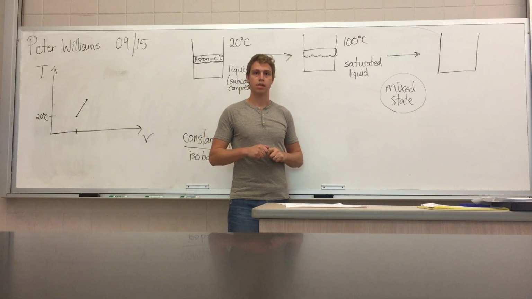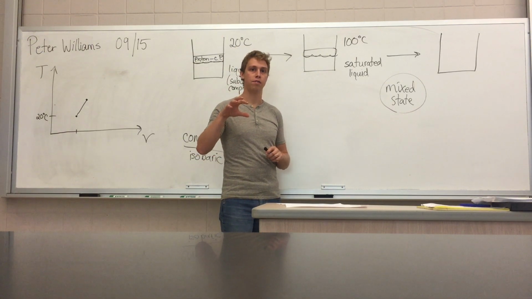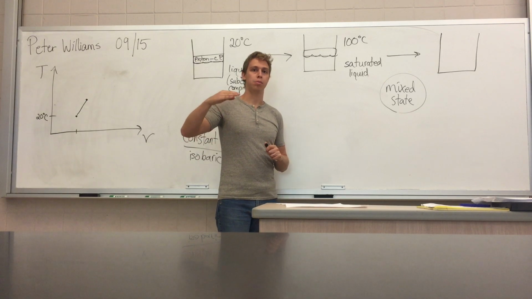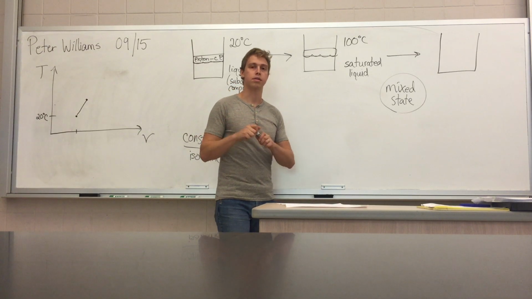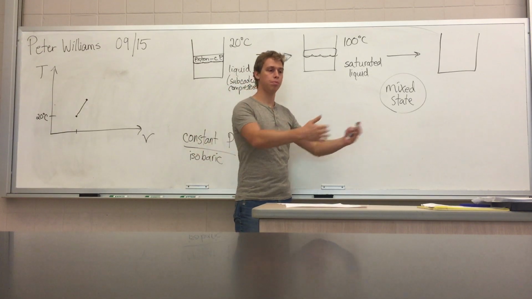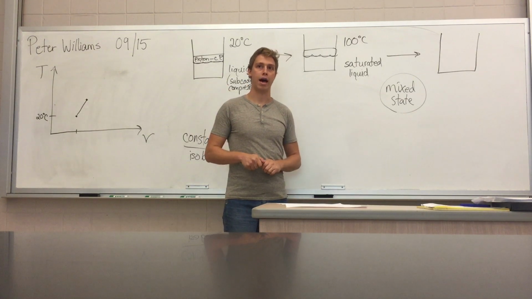One way you can see this is to think about the fact that once we have a vapor, in order for that vapor's temperature to increase, it all has to be vapor, right? The system would rather keep boiling off liquid than start heating up the vapor that it has.